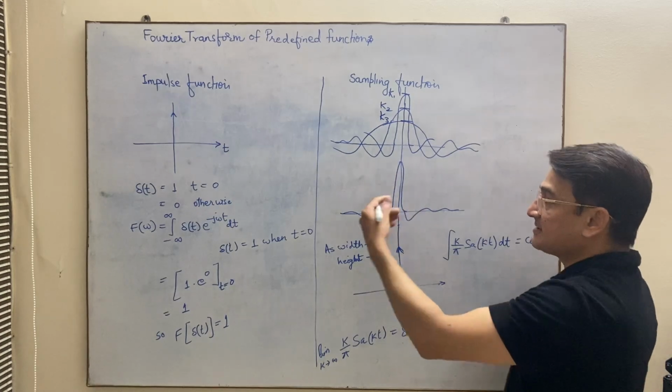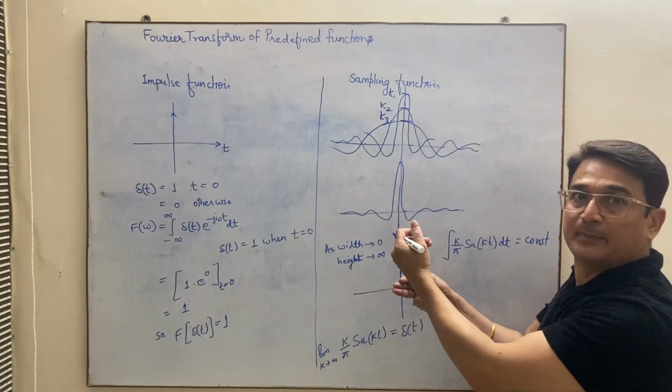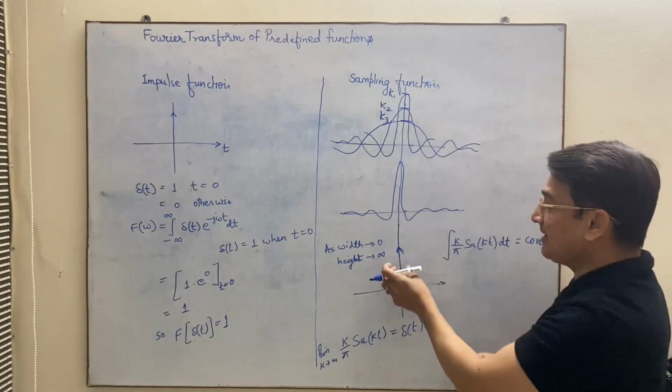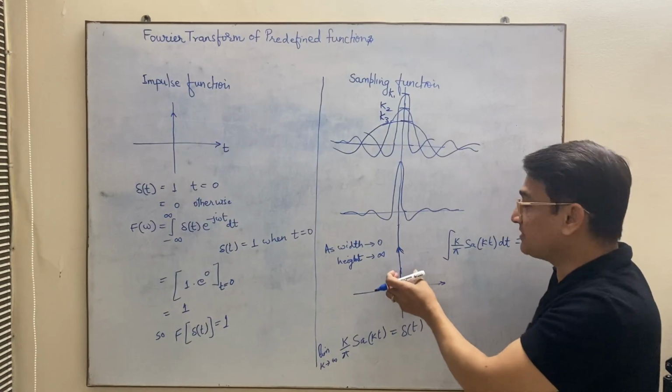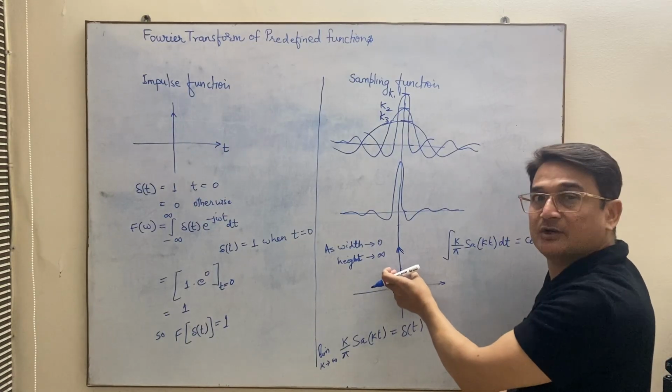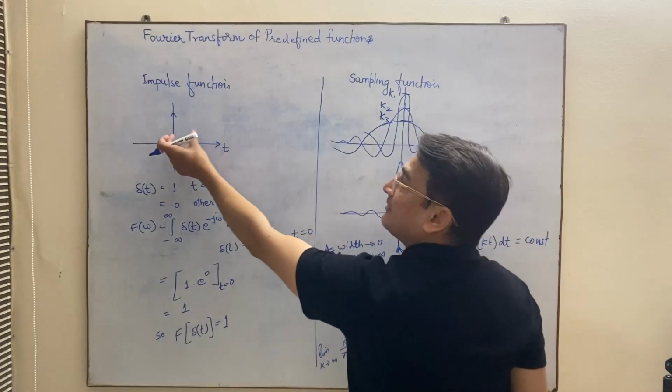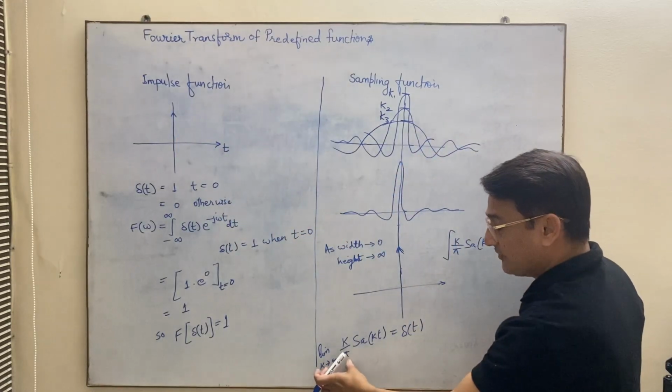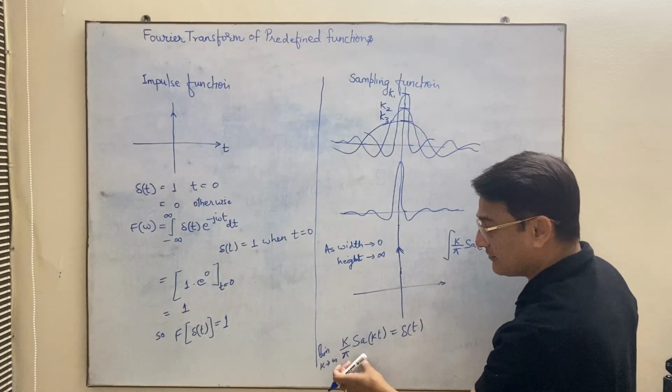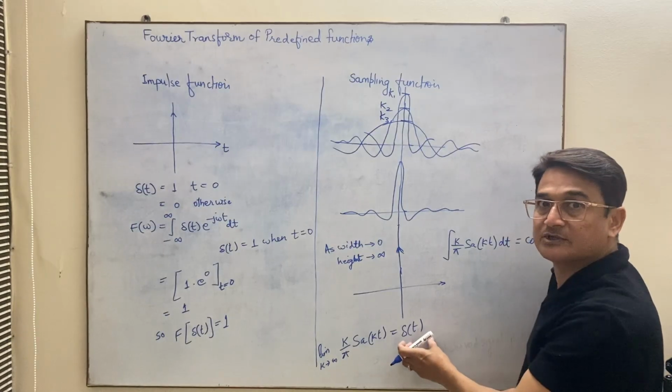As we have already discussed, if this width becomes 0, the height becomes infinite and it will only exist at t is equal to 0. And if this sampling function only exists at t is equal to 0, it will be nothing but the impulse function. So we can write it in this way: limit k tends to infinity, k by pi sampling of kt is equal to delta t.